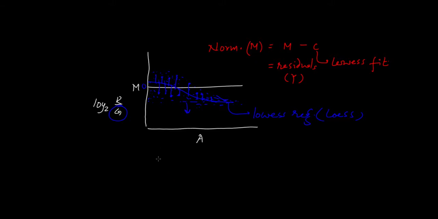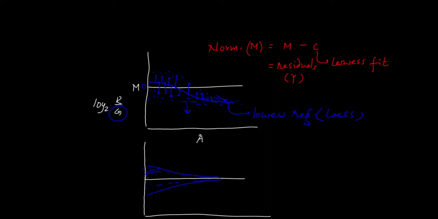So once you do this, the same plot would look like following. The same plot will be converted to, same plot would look like this. Let me just put a shaded area like this.